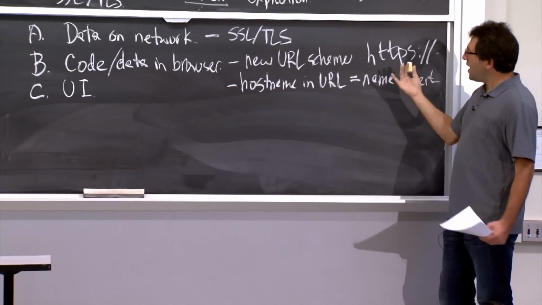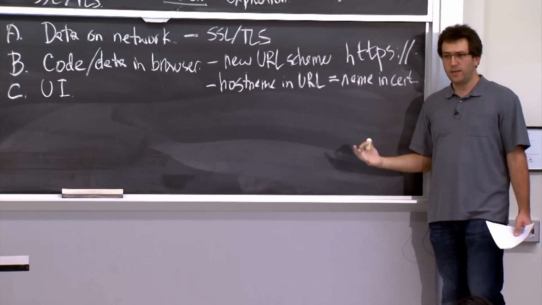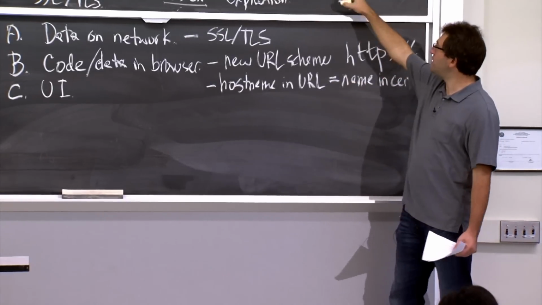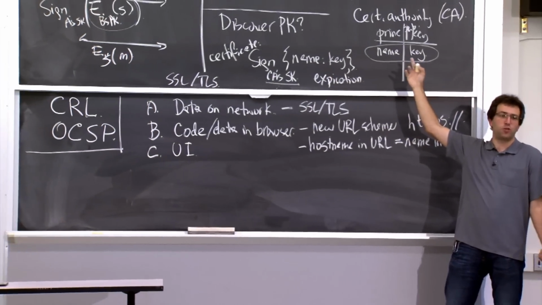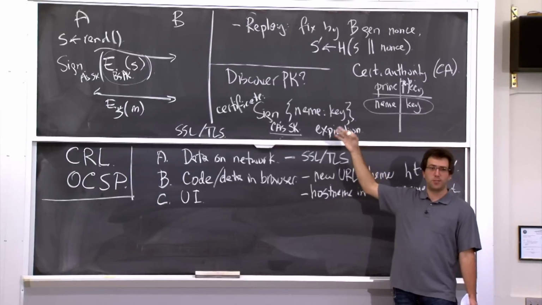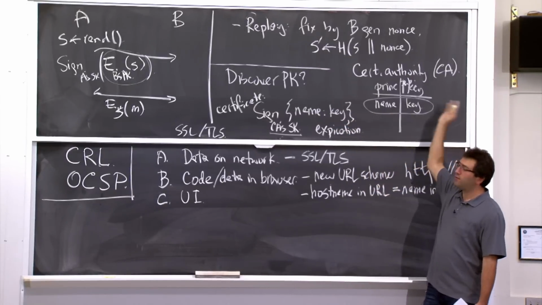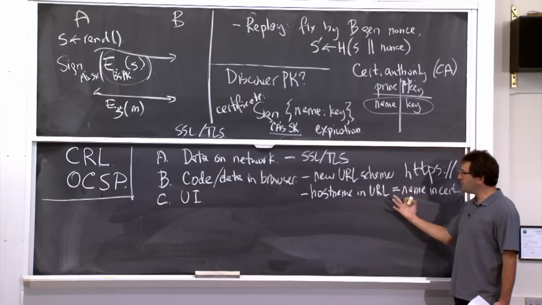That's what the certificate authorities are going to sign at the end of the day. They're going to literally sign the host name that shows up in your URL as the name for your web server's public key. So Amazon presumably has a certificate for www.amazon.com. That's the name, and then whatever the public key corresponding to their secret key is. And this is what the browser is going to look for.